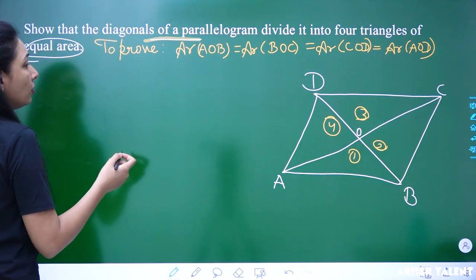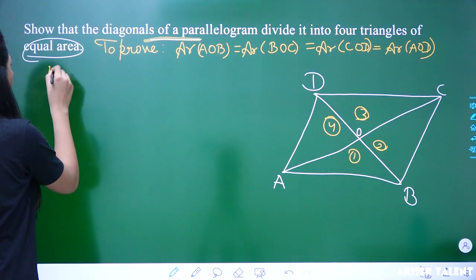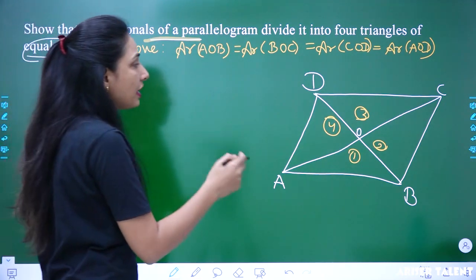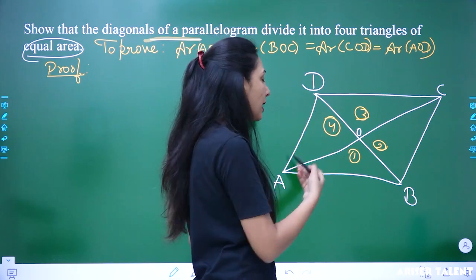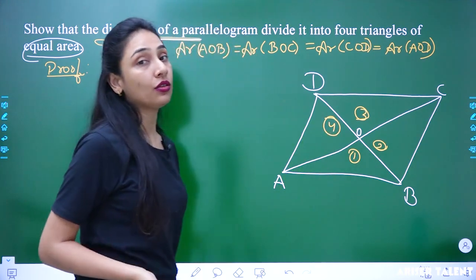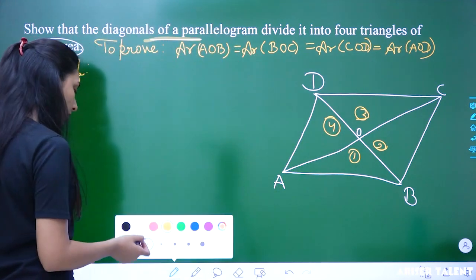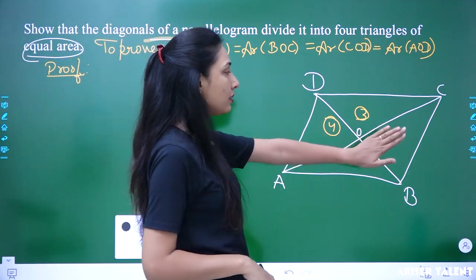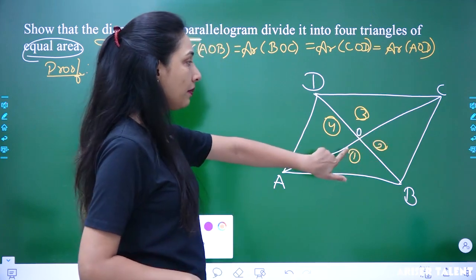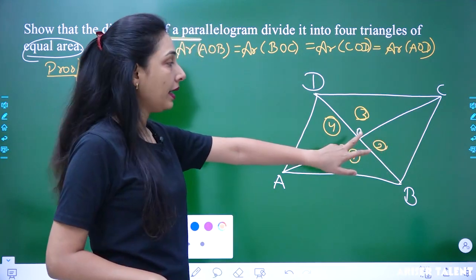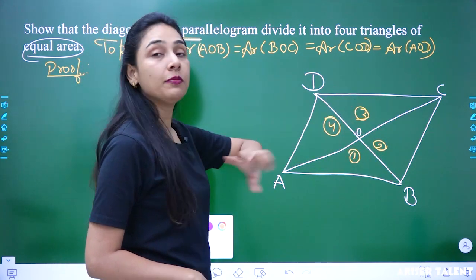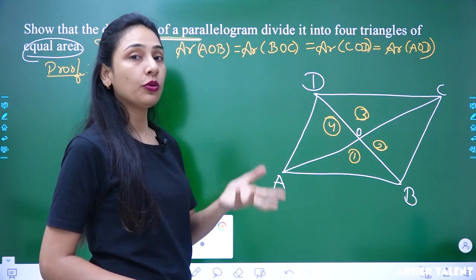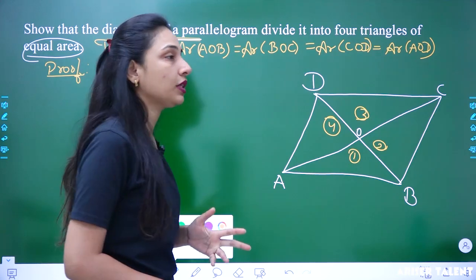Okay, so now the proof. Construction: join B to D and A to C to get the diagonals of the parallelogram. Now for the proof, we are going to pick this complete big triangle and this complete big triangle, and then we are going to use the median concept in order to prove them all equal to each other.